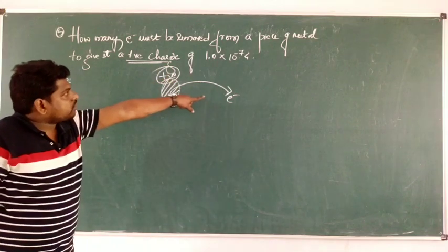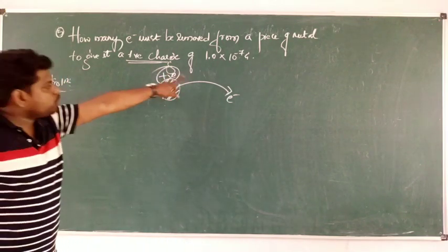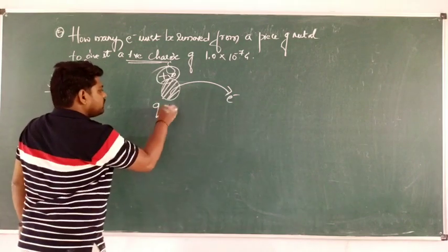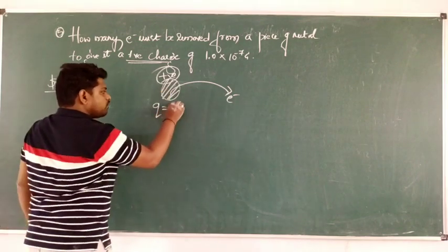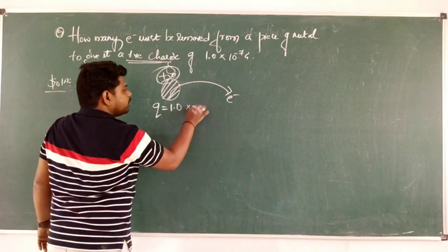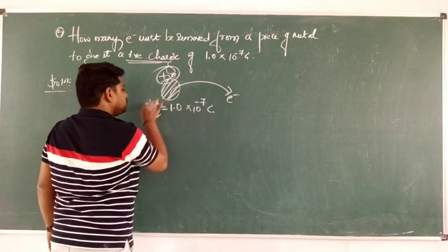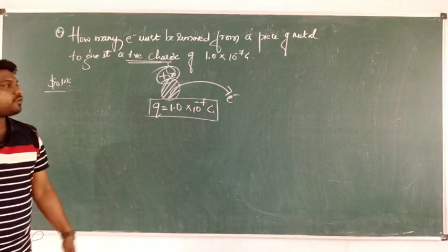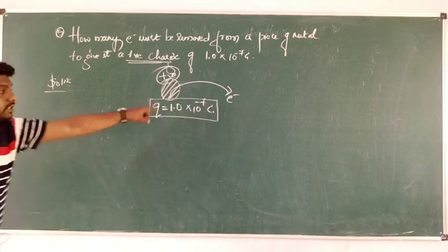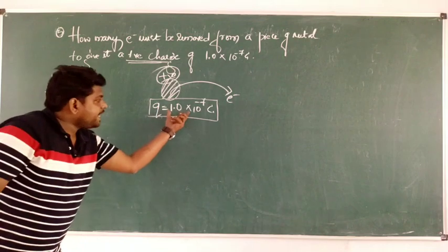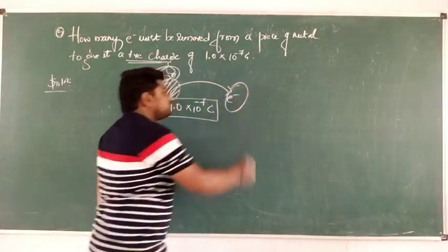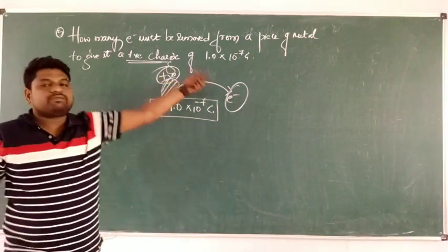After removing electrons, it acquires a charge of 1.0 into 10 to the power of minus 7 coulombs. So, to attain this charge, how many electrons should be removed from this metal? That is the question.